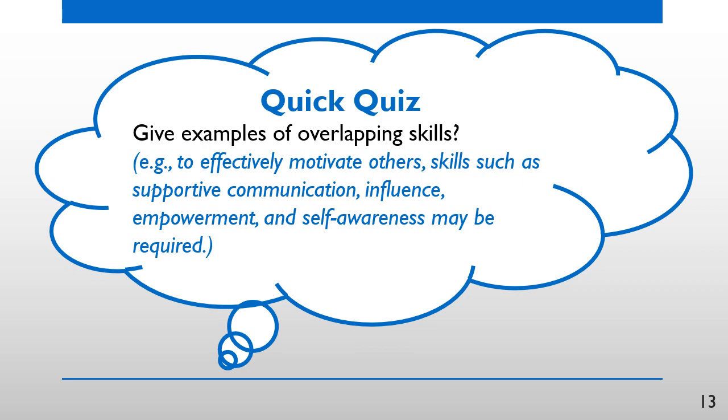So, one such skill is supportive communication. So, what is supportive communication? A person should be able to communicate in such a manner that the other people feel that this person is a very supportive person. So, the supportive nature of communication is very much important.